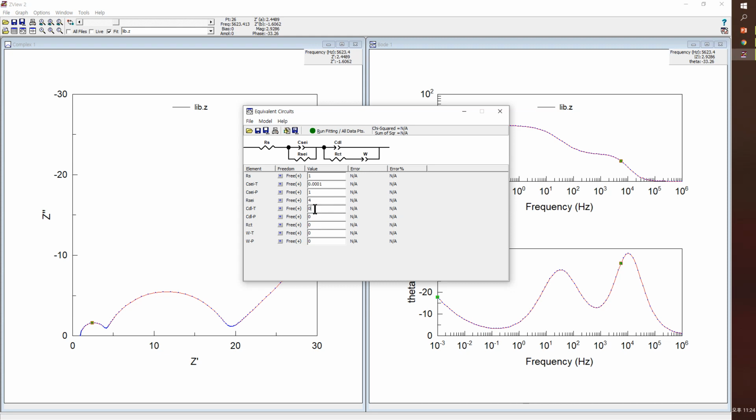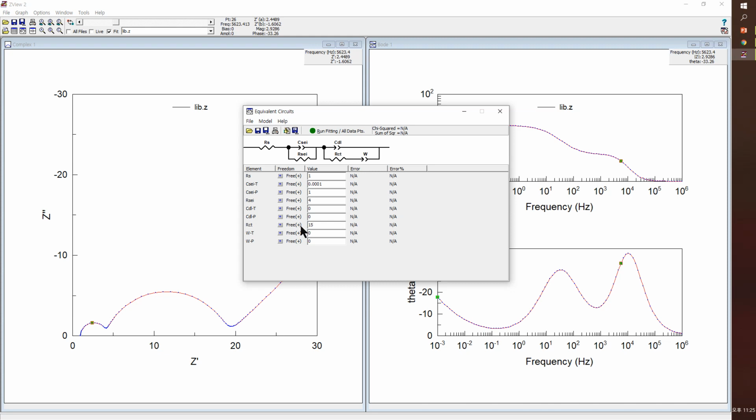Okay, then how about the other thing? How about the second semicircle? Let me read the diameter. About this is 5 and this is 20, so 15 is enough. The charge transfer is 15.